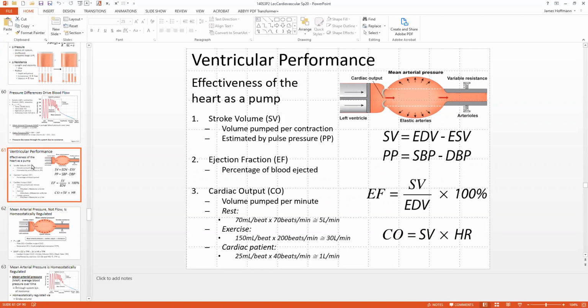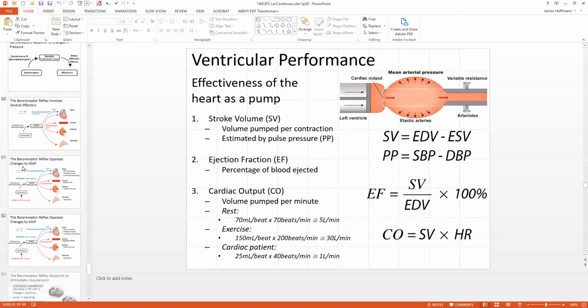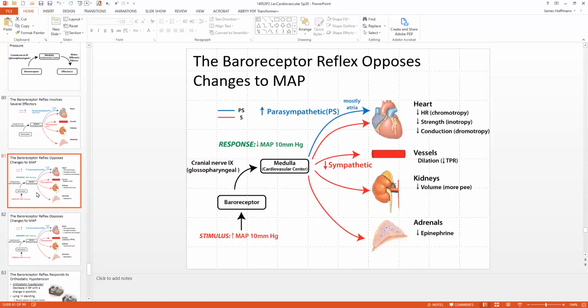So I understand the sympathetic response, like if you increase the pressure by 10 millimeters of mercury, then the response would be to bring it back down by 10 millimeters of mercury. And so in the kidneys, decreasing sympathetic activity in the kidneys, that causes a decrease of blood volume?